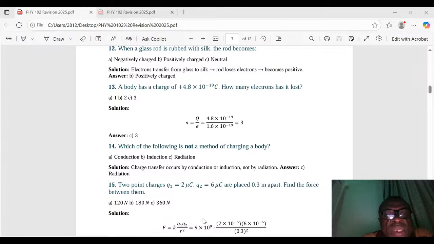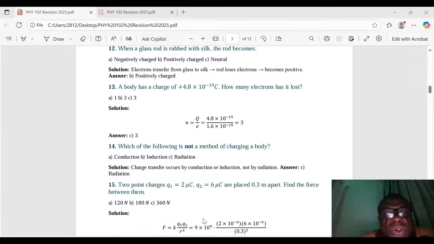Number 14. Which of the following is not a method of charging a body? A, by conduction.